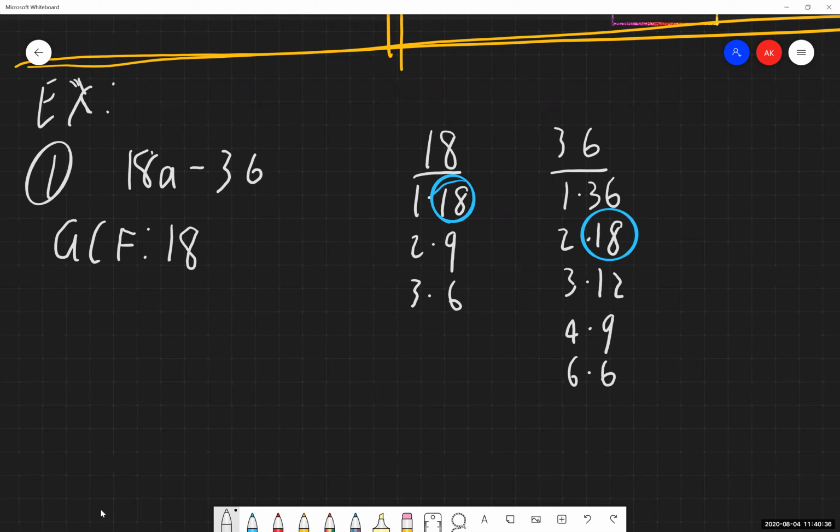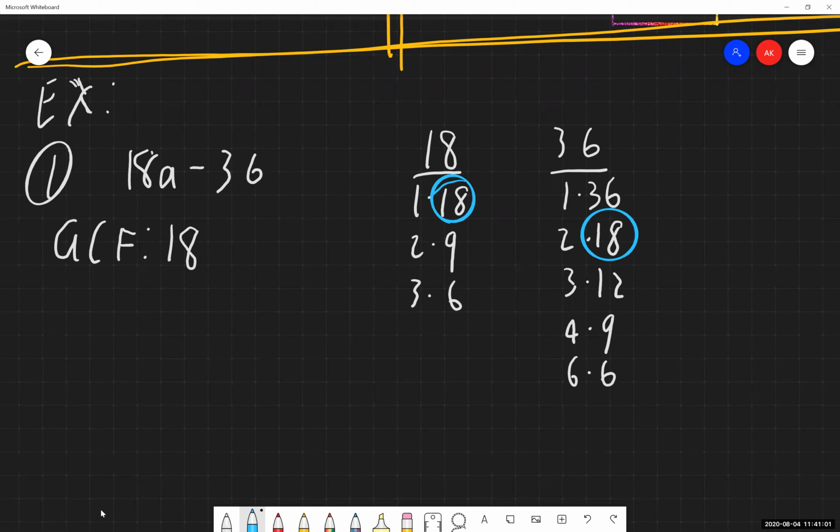Let's look at our variables then. I have an a in the first term, and I have no variables in the second term. Looking at 18a, and then just the number 36. So again, the greatest common factor with variables is the one that has the least of that specified variable. Our first term has an a.